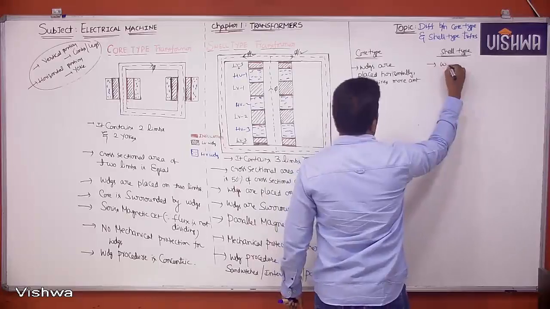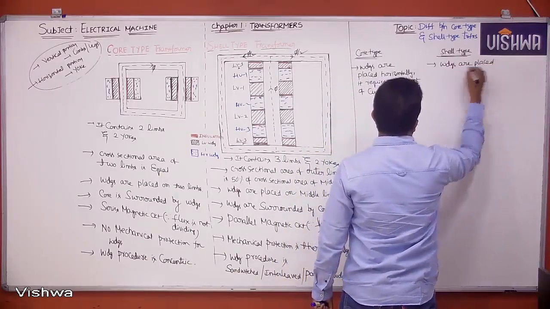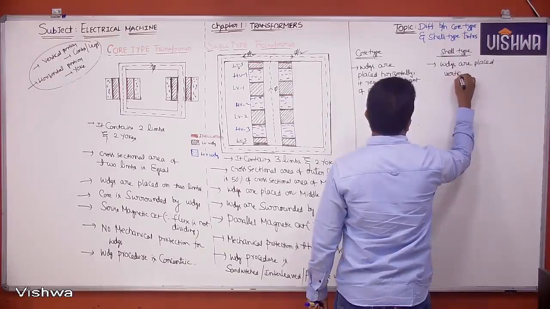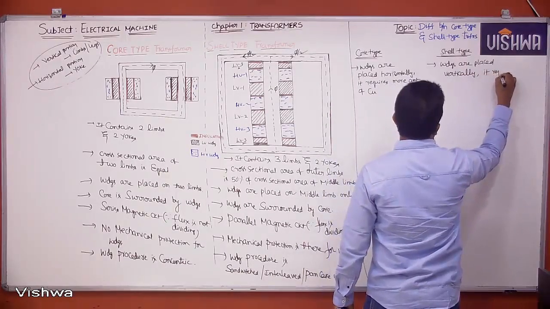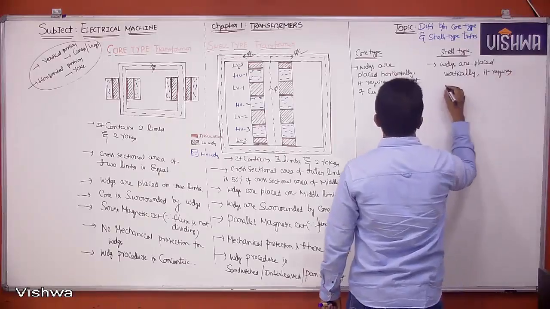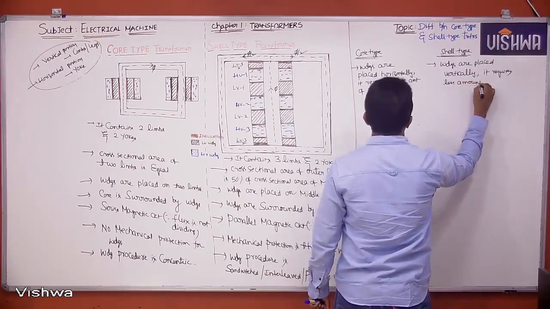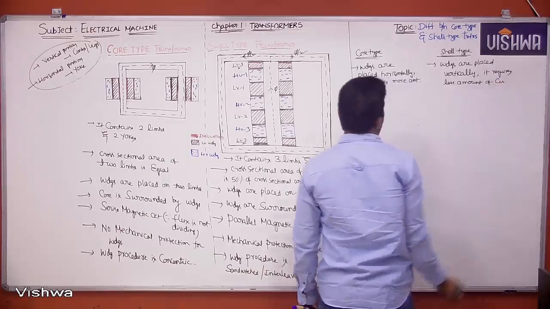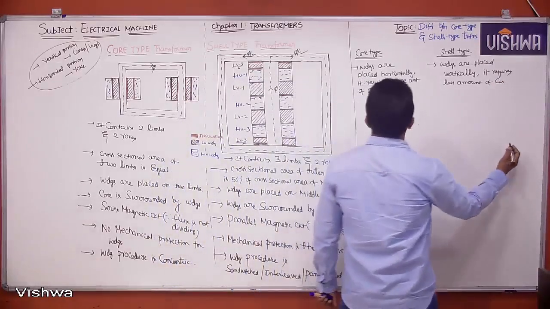Here, windings are placed vertically. It requires less amount of copper.